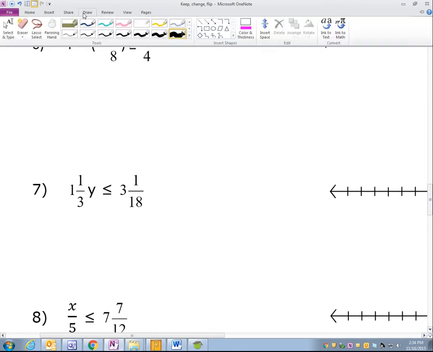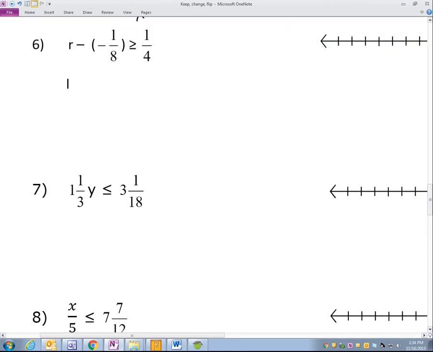Here's my double negative again. So I'm going to rewrite this as being what it's actually saying, those tricky math teachers. Because the minus a negative is the same as addition. So I'm going to subtract 1/8 from this side, subtract 1/8 from this side. So now I'm rewriting it.